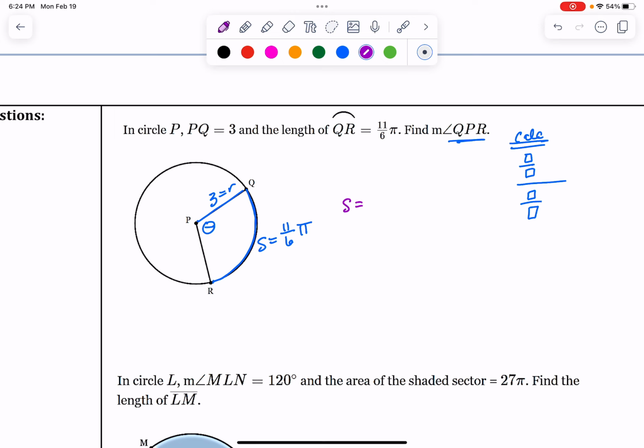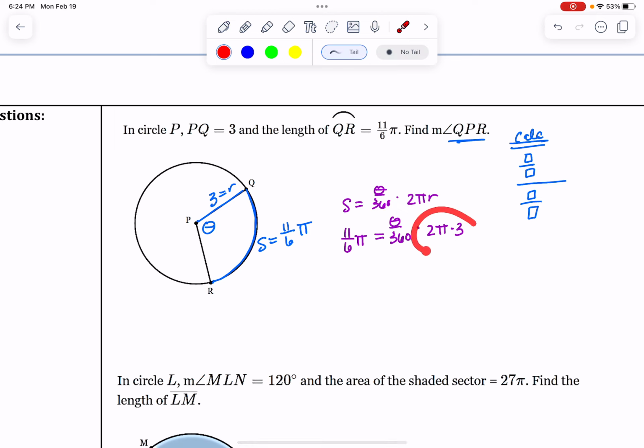So S is theta over 360 times 2 pi r. 11 over 6 pi is theta over 360 times 2 pi times 3. Now remember, all of this is multiply.